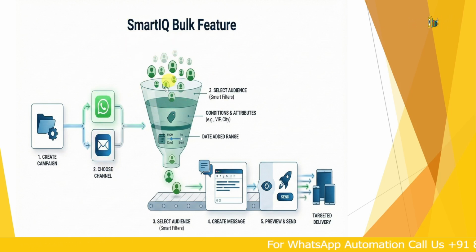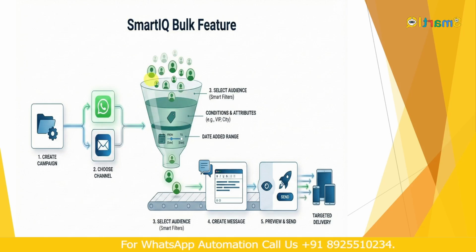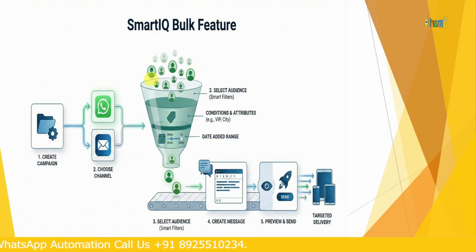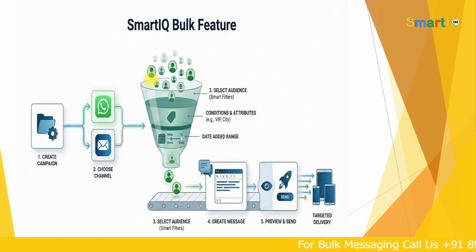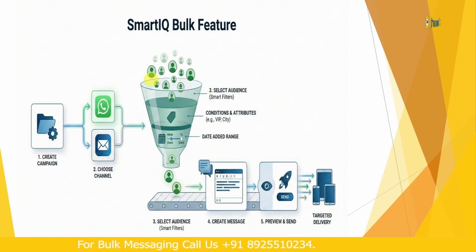If you want to filter and send messages only to particular customers, for example, if you have a 1 year old customer database, you can filter and send only to those from the last 2 months. You can filter based on such conditions, or you can filter based on the subscription end date, or you can filter based on the source, like did the customer come from WhatsApp, or if they have come through filling a form, we can filter them based on such conditions and attributes.